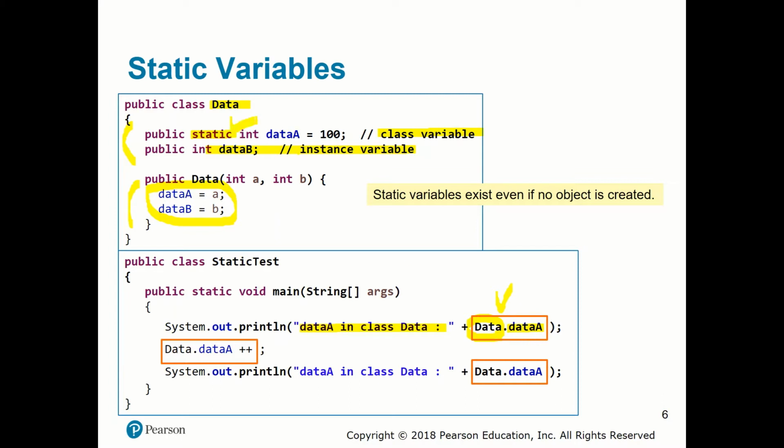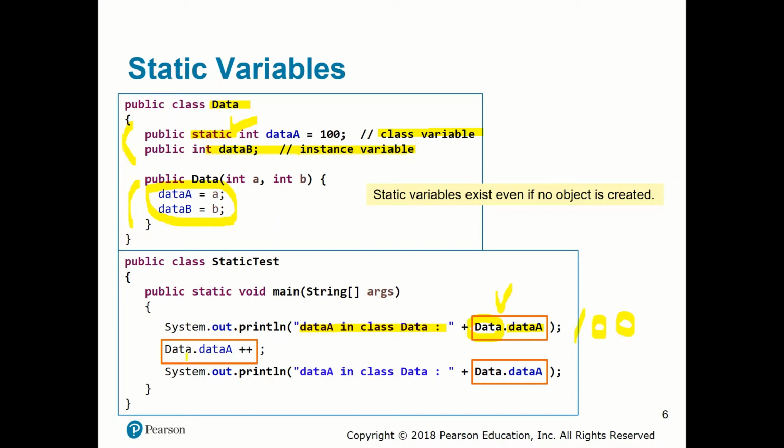In the main, there is no object, no new keyword. Even if there is no object, we can use the static member, so 100 will be printed out.